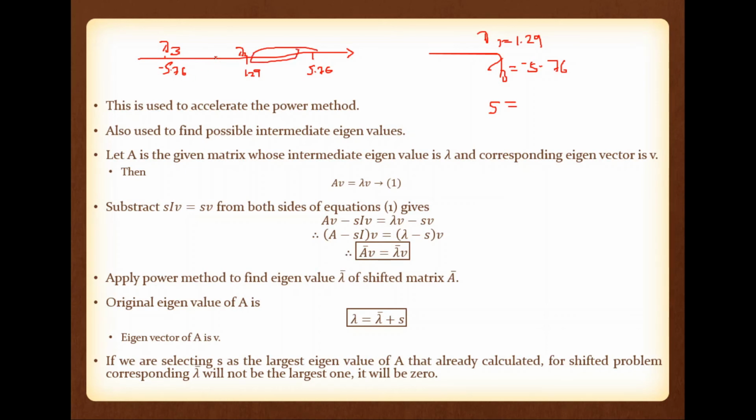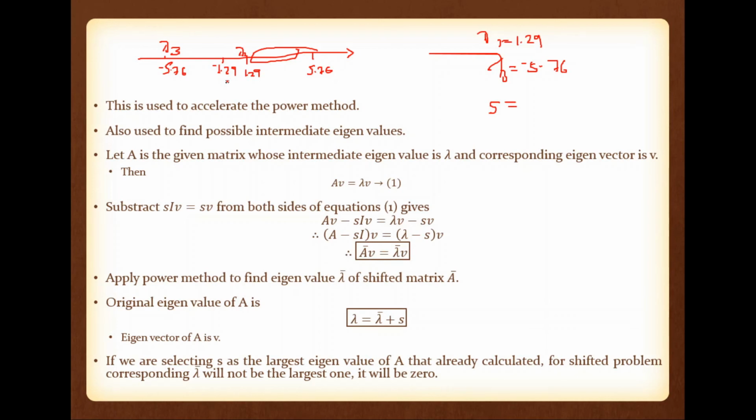Or it is in between minus 5.76 and minus 1.29, because we are considering the magnitude only. So lambda 1 may be negative or positive. If it is positive, in between these two. If it is negative, in between these two. So what we can do? We don't know clearly. So it's a trial and error method.